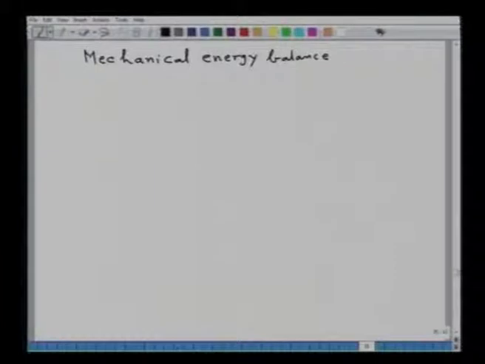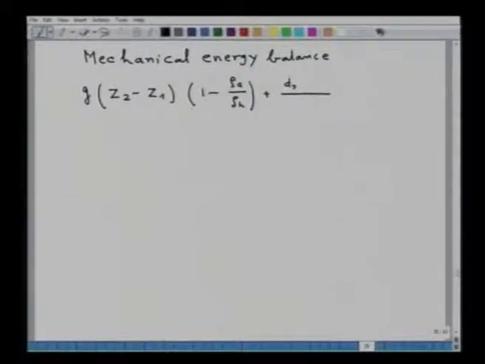I can write it this way: g (Z2 minus Z1) into (1 minus rho A upon rho H) minus D1 upon rho H plus D2 upon rho H plus F minus M is equal to 0.